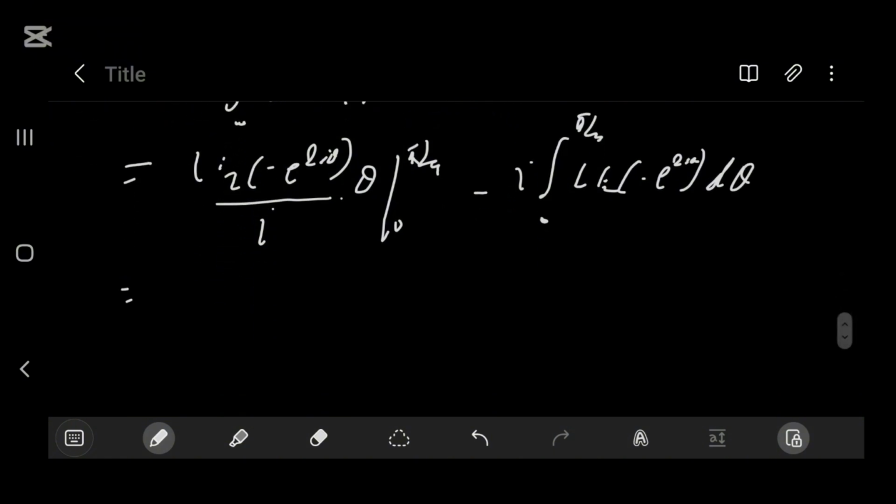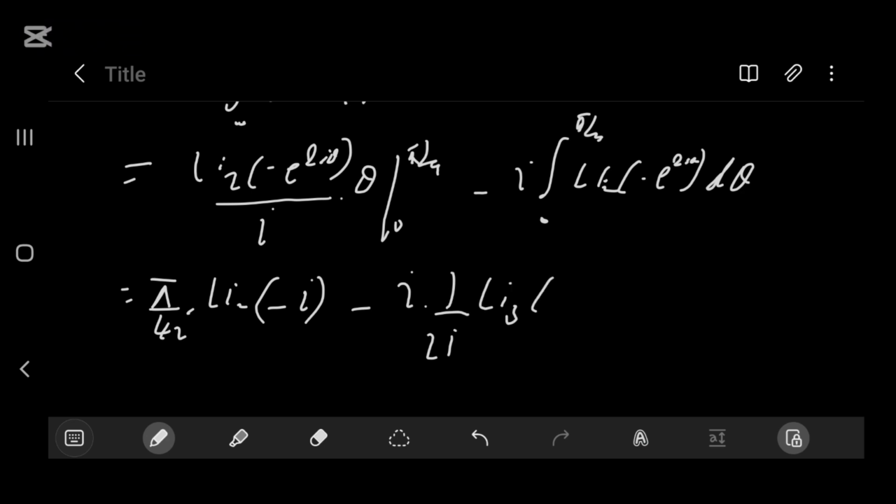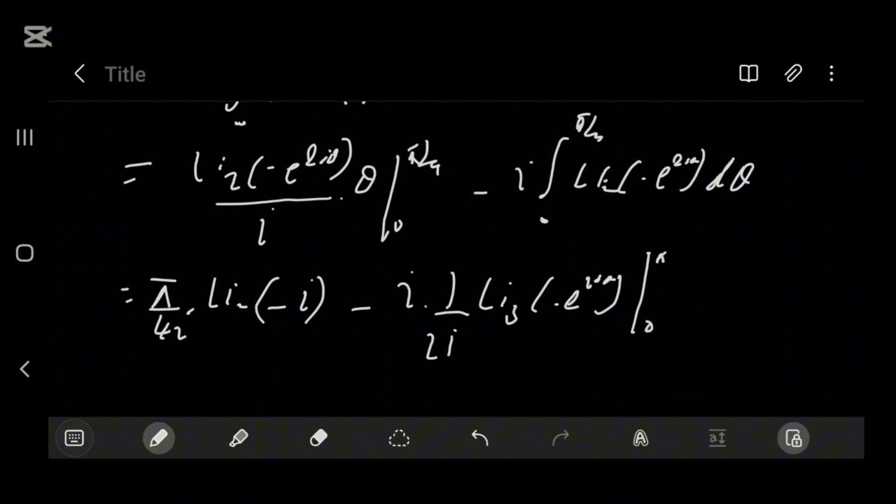Well, let's plug these values and we'll get pi over 4i times the dilogarithm of minus i, minus, we'll get here i times 1 over 2i times the trilogarithm of e to the 2i theta from 0 to pi by 4.